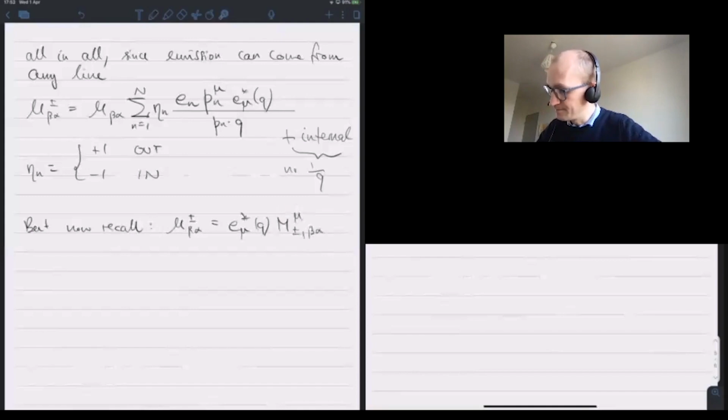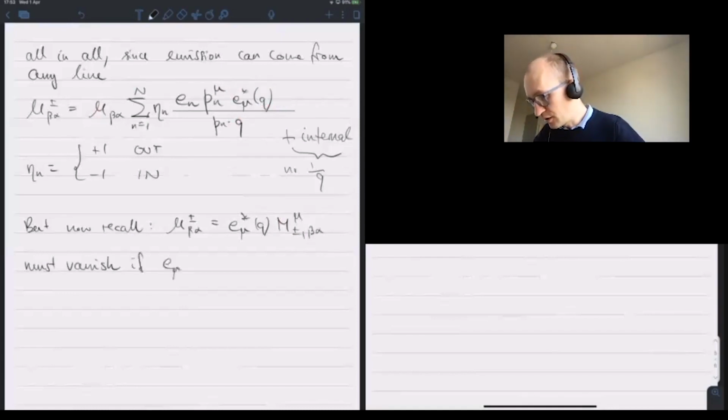We've written it here, right? We just need to isolate everything that's not E mu star. So it's just the rest here. Okay. And furthermore, this must vanish if I replace the polarization E mu or E mu star, if I replace this guy with the momentum Q mu. That was our Ward identity.